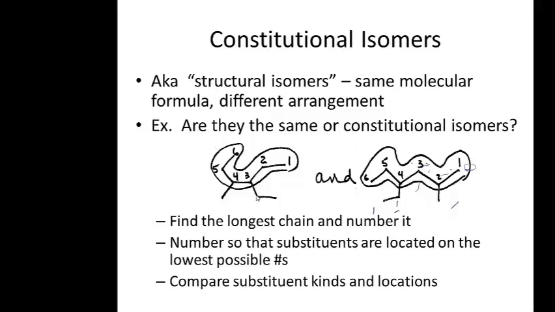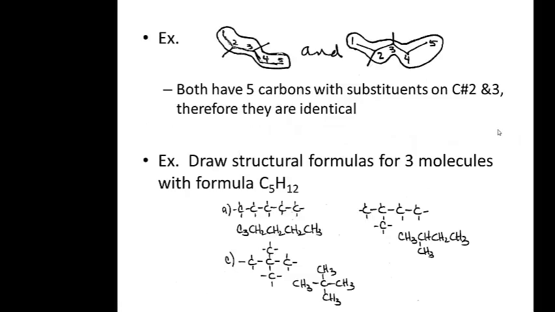And here I see a 2-carbon substituent on carbon number 3 and a 1 carbon on number 4. Here I have on this one a 1 carbon on 2 and 1 on 4. So this molecule over here has substituents on 3 and 4. This one has it on 2 and 4. They must be different. They must be constitutional isomers and not identical.